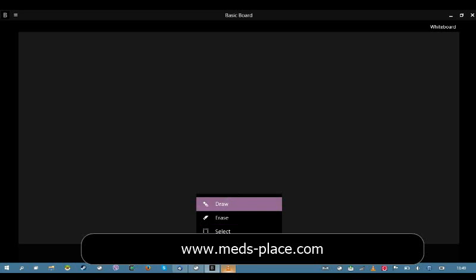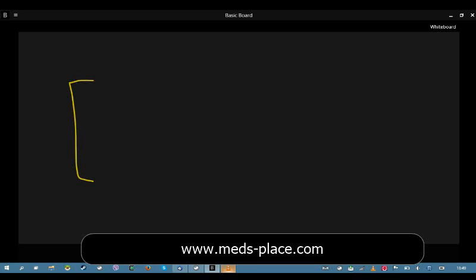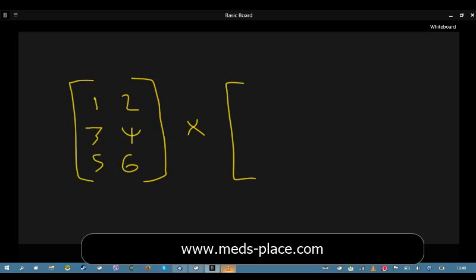So the columns in A, it's a two column matrix, have to be the same as the rows in B. So it would have to be a 2 row matrix in order for this to work.